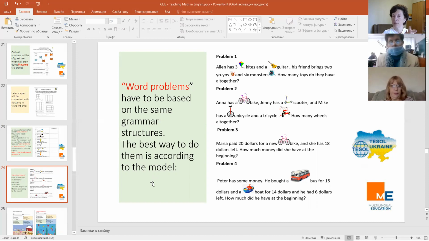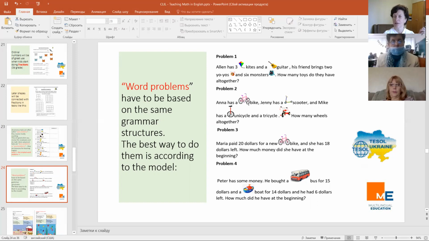All these problems are for the topic toys. His friends bring 2 yo-yos and 6 monsters. You see that here it is the 2nd grade. So the kids already read the word, but we don't want them to be embarrassed, we want them to be successful.